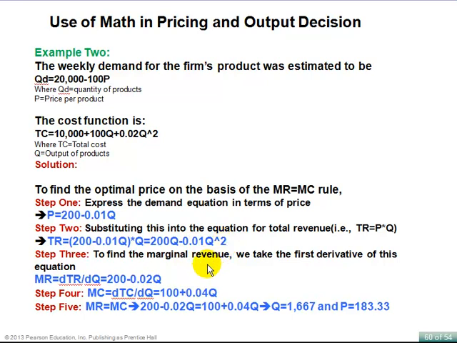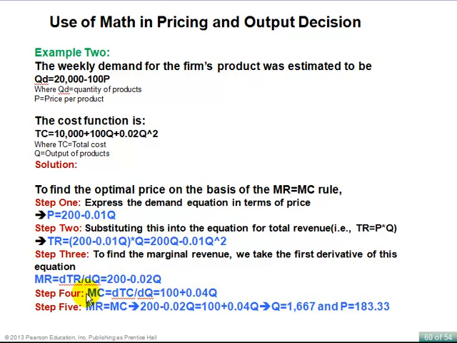So MR is a derivative of this total revenue function. To find the marginal revenue, we take the first derivative of this equation. So MR is 200 minus 0.02 Q.